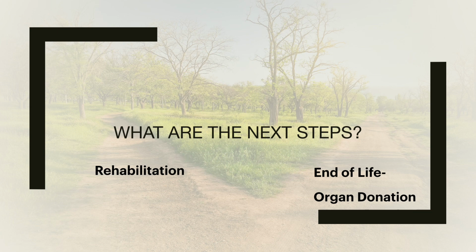Some people just need a little bit more help putting thoughts together, while some people have to learn how to walk again, learn how to talk, or just learn how to function in their everyday life. And then we have organ donation or end-of-life processes, and that has nuances and complications of its own, a lot more family support, and understanding the processes of organ donation.